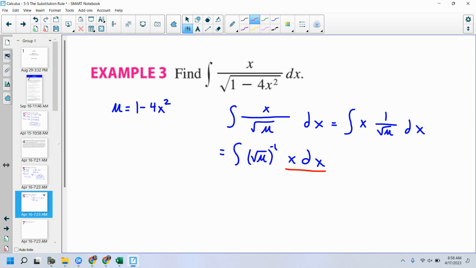So let's find the derivative. du is going to be, the 1 goes away, -8 x dx. You see the x dx? You see what you're looking for? Okay, get the -8 out of the way. Let's divide it over to the other side. -1/8 du is equal to x dx.